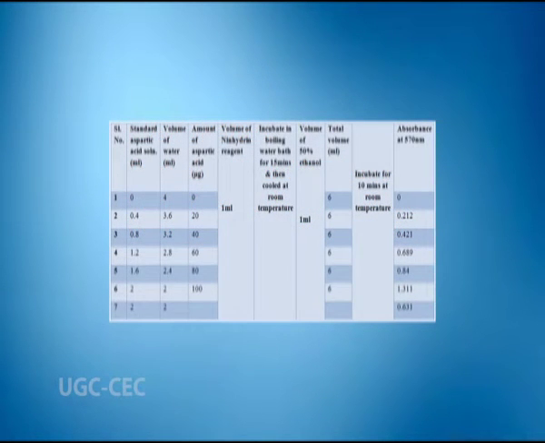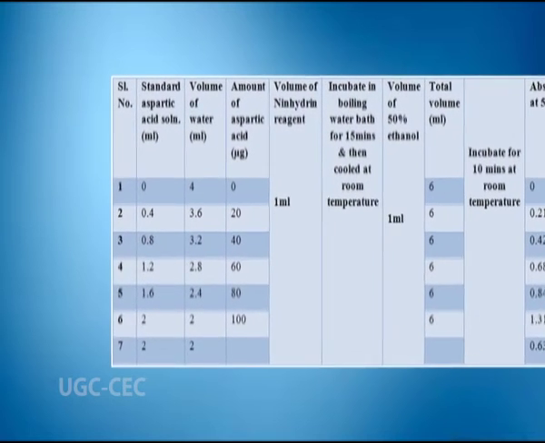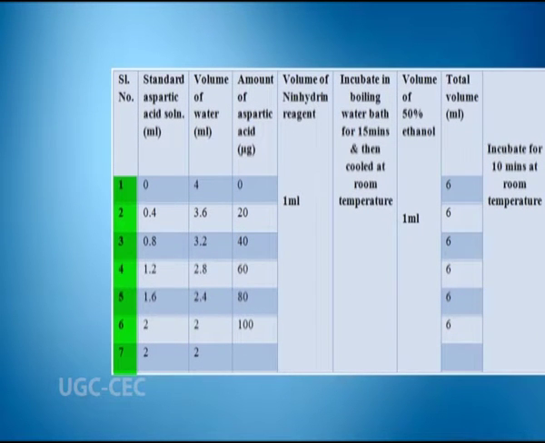7 test tubes are taken and assigned as 1, 2, 3, 4, 5, 6 and 7. In test tube number 1, no aspartic acid solution is added and only 4 ml water is added. In test tube number 2, 0.4 ml of standard aspartic acid solution and 3.6 ml of water is added.